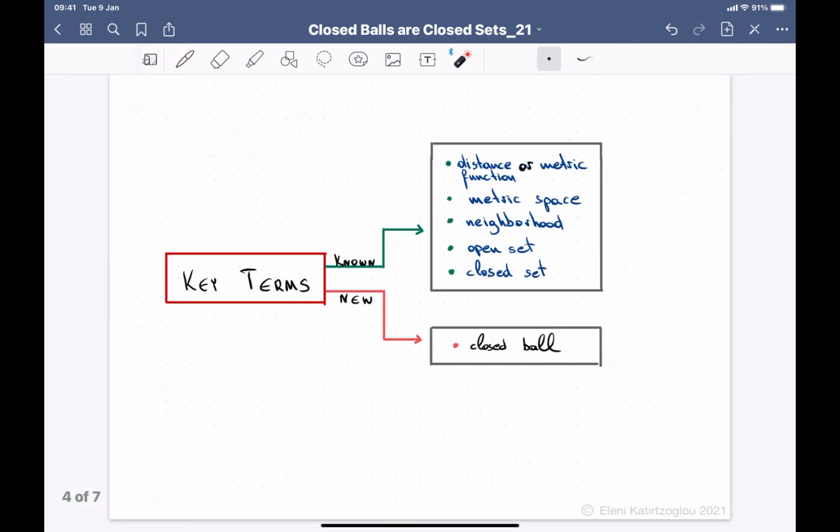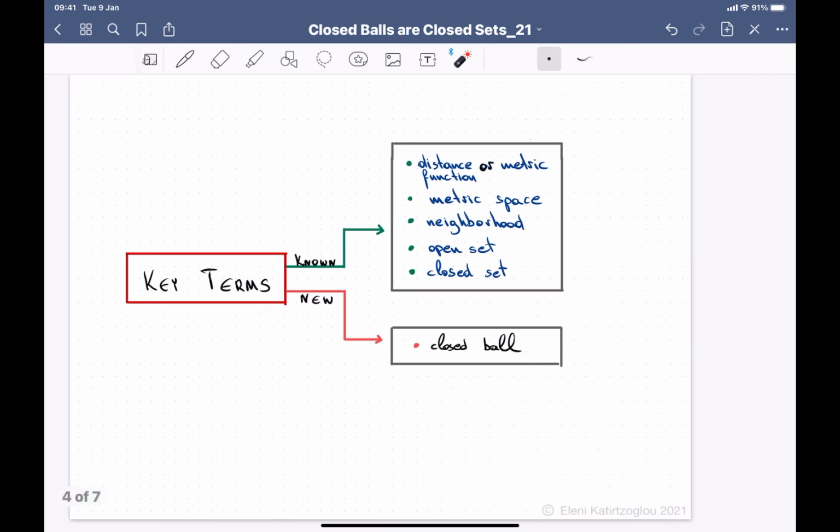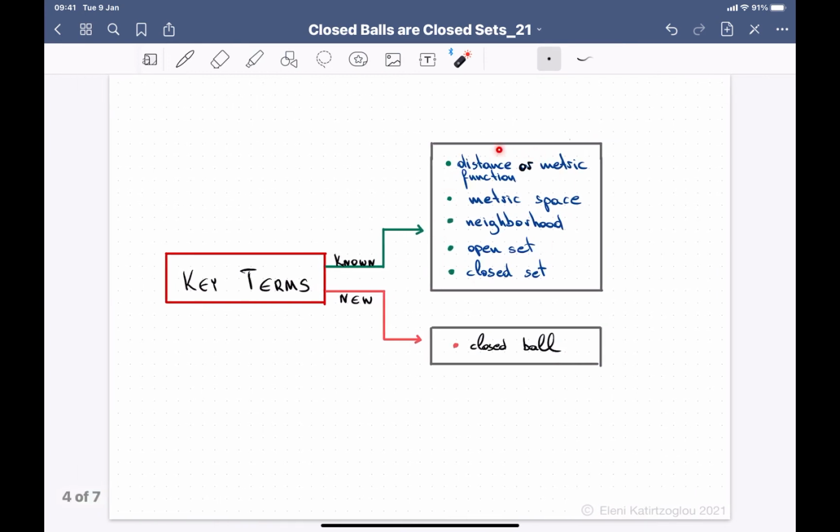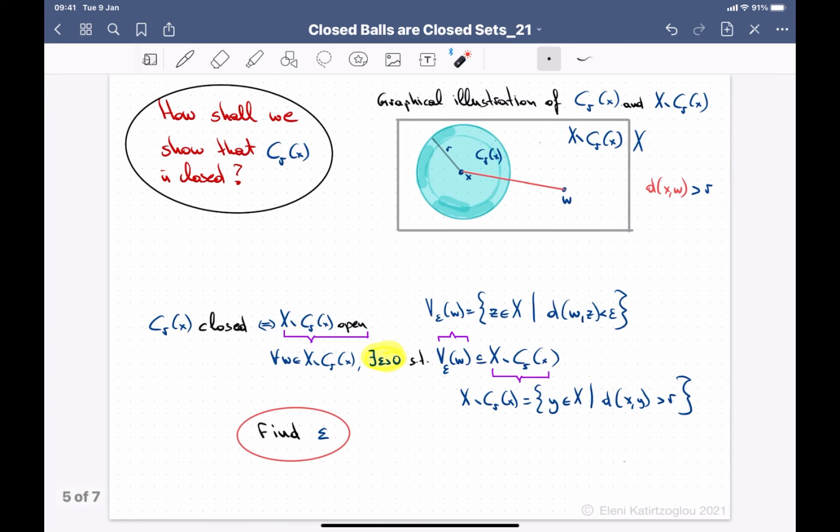So before you continue with this video, make sure that you understand the meaning of all of these terms. The term closed ball is the one we just introduced, so in the context of this video it's considered to be a new term. Make sure you know exactly what each and every one of these terms means.